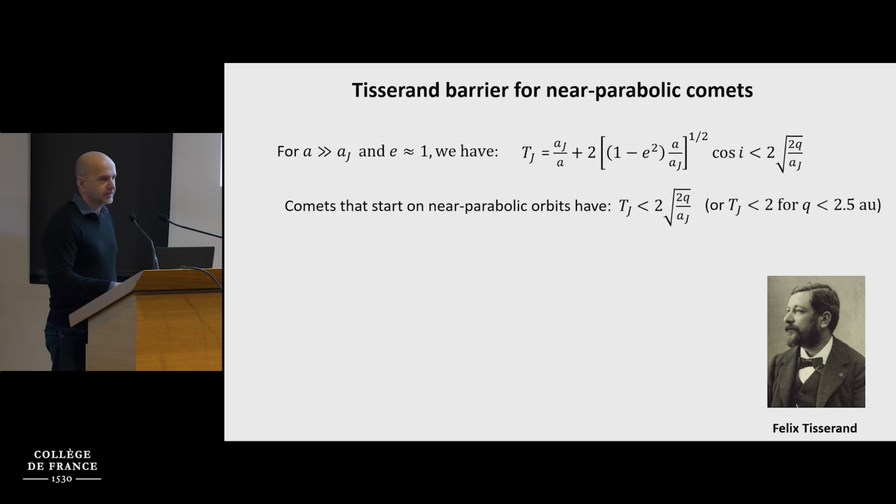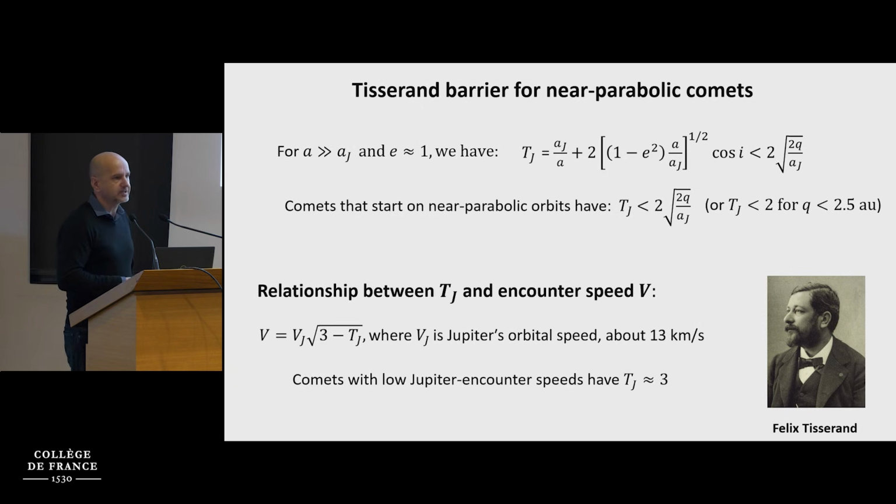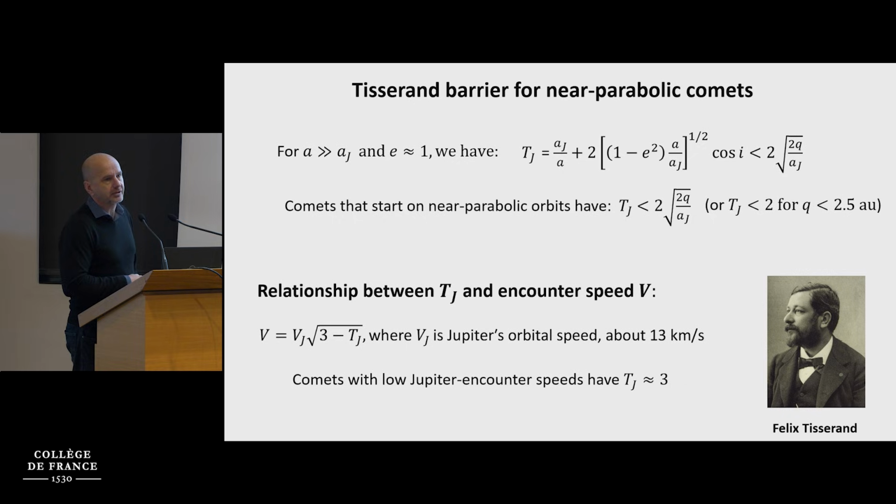The second useful characteristic of the Tisserand parameter is its relationship to the encounter speed with Jupiter. This is given here. This is the encounter speed of a comet with Jupiter, and it's equal to the orbital speed of Jupiter, about 13 kilometers per second, times the square root of 3 minus the Tisserand parameter.